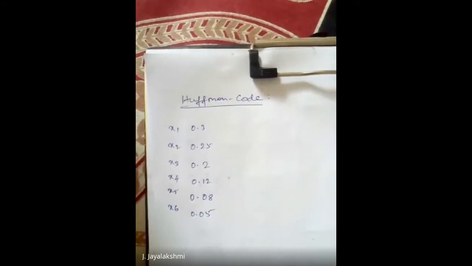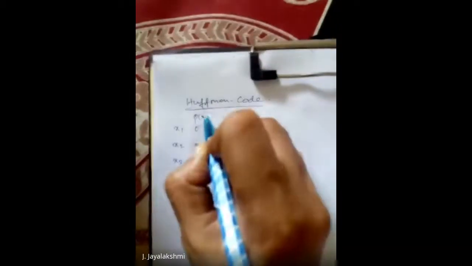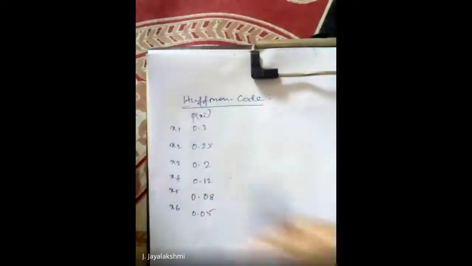It can be of any order. So the first step, keep in mind that you have to write the probabilities in the table in descending order, and this is your symbol xi.